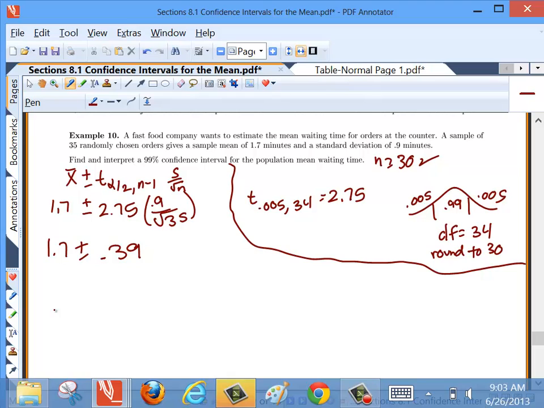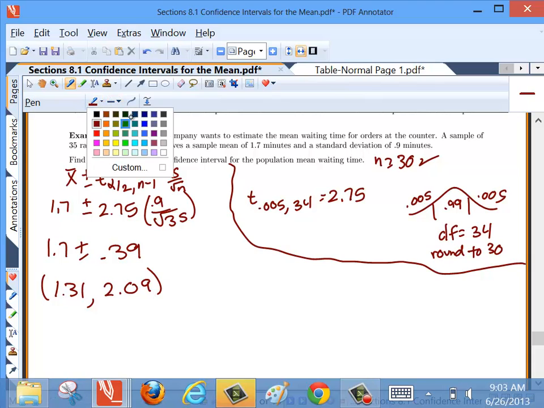So my margin of error in this situation is 0.39 minutes. Someone tell me what I'm going to write to interpret this.